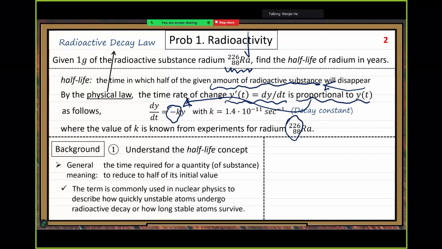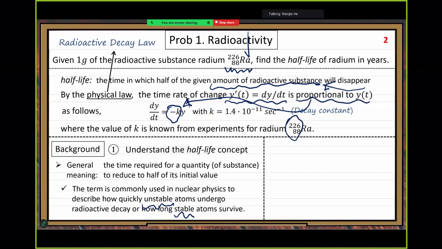The term is commonly used in nuclear physics to describe how quickly unstable atoms undergo radioactive decay, or how long stable atoms survive.